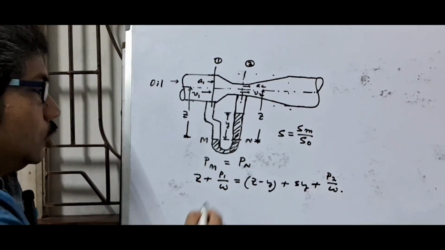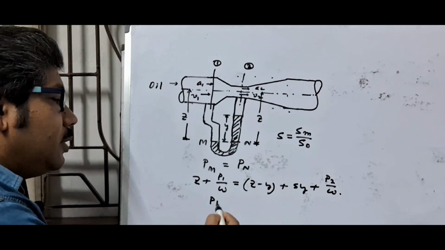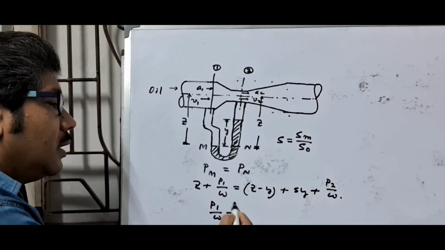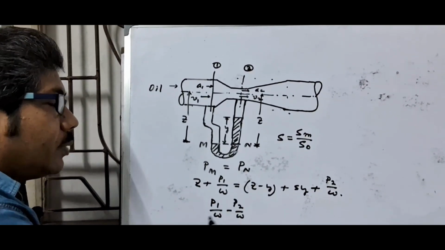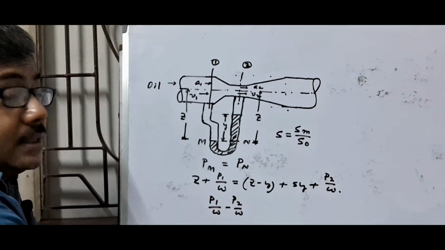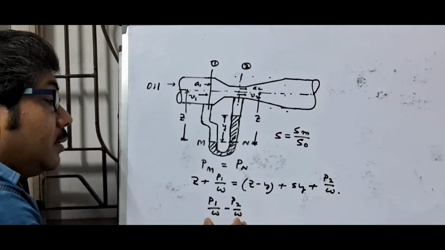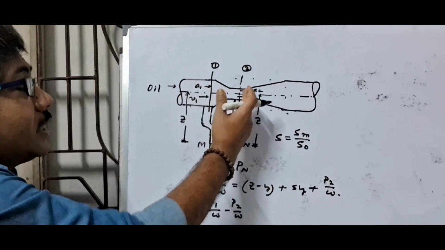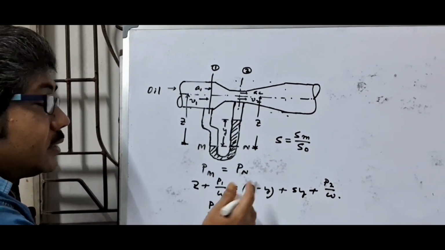So here P1 by omega minus P2 by omega, we know that the difference between pressure head at 1 and 2 section, this is called Venturi head.